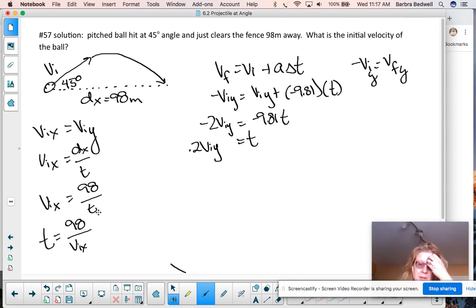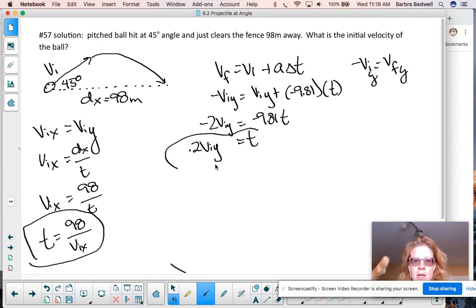Now I'm going to take both of these two equations and combine them together. I'm going to kind of cheat a little bit. I'm going to take the equation over here with the VIX and stick it in this equation. Now I want to remind you, VIX equals VIY. Remember, this is at a 45-degree angle.